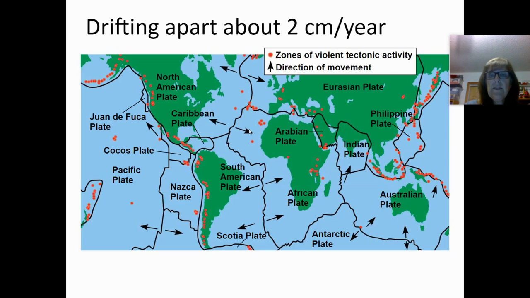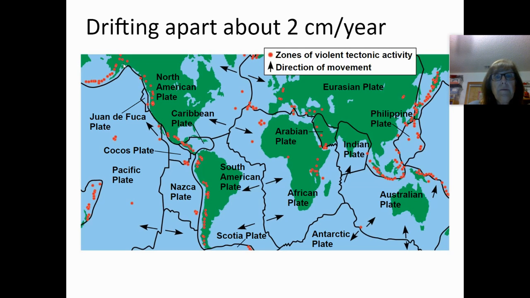All right, so our continents are drifting apart about 2 centimeters a year, and eventually they will come together on the other side. These arrows represent the direction of movement of these various plates, and you can see some of them are diverging away from each other. Some of them are converging together, and some of them are sliding past each other, like up here on the North American plate.